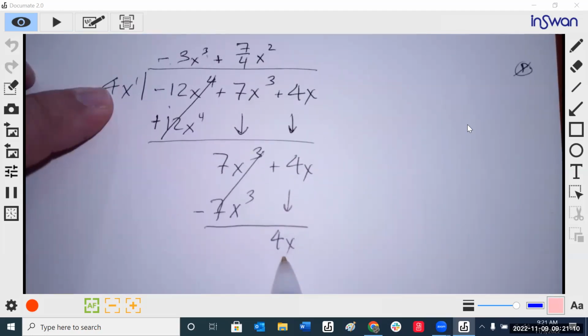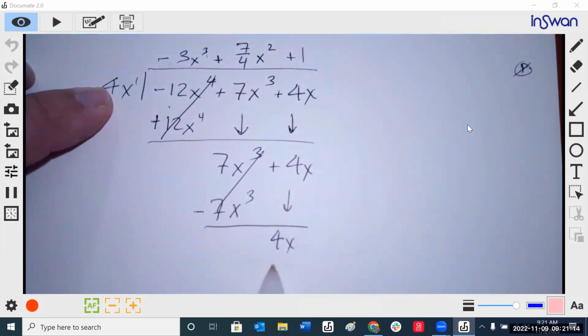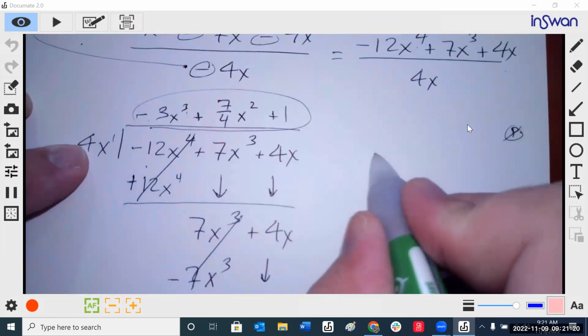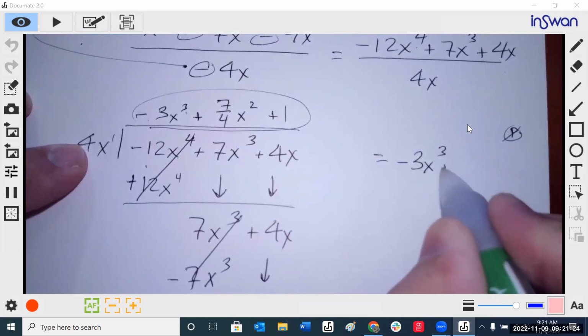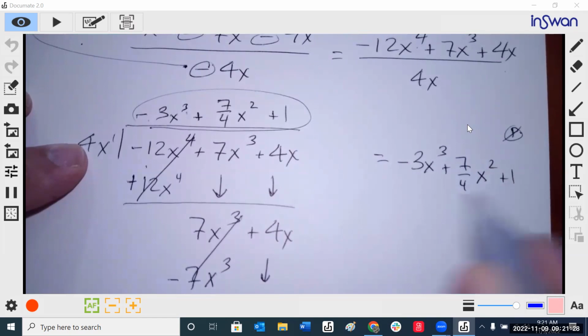What times 4x gives me 4x? Positive 1. Change the sign. So there's my solution: negative 3x cubed, 7 over 4 x squared, plus 1.